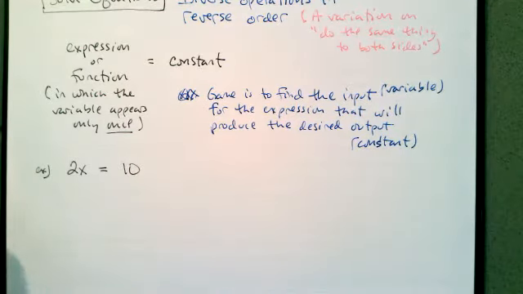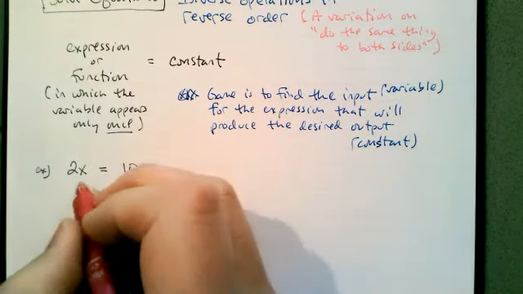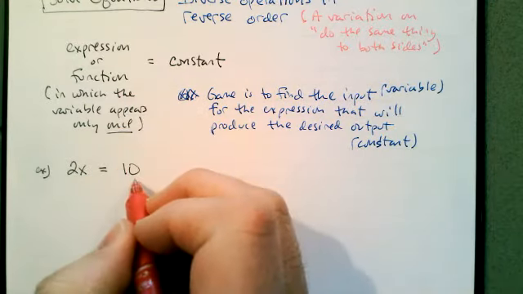So start off with things that we're familiar with. This says 2 times something is equal to 10. And the question is, what value of x do we plug into 2x so that we get 10?